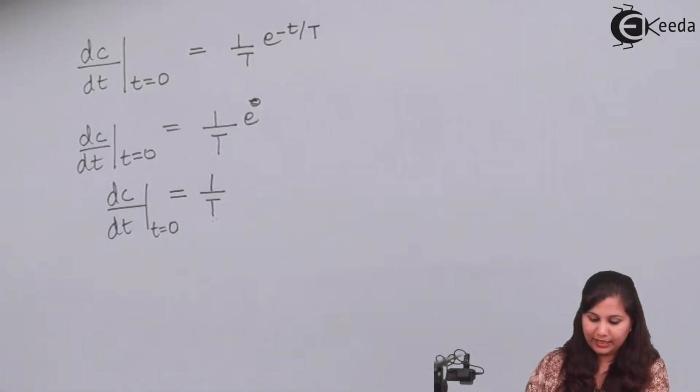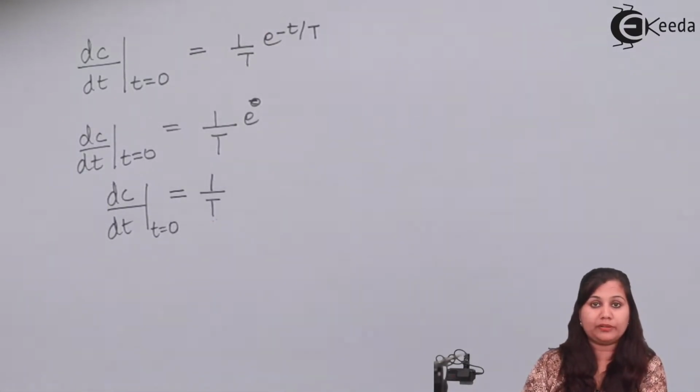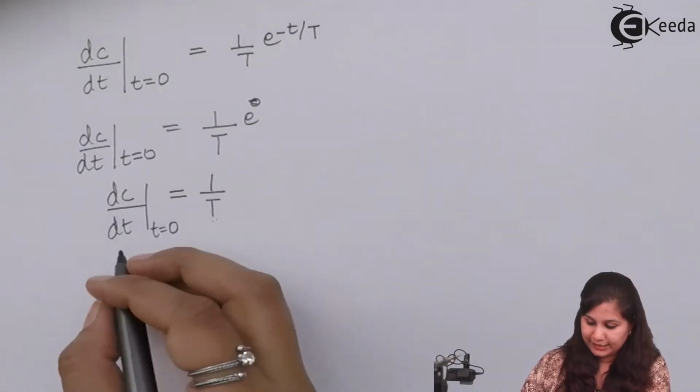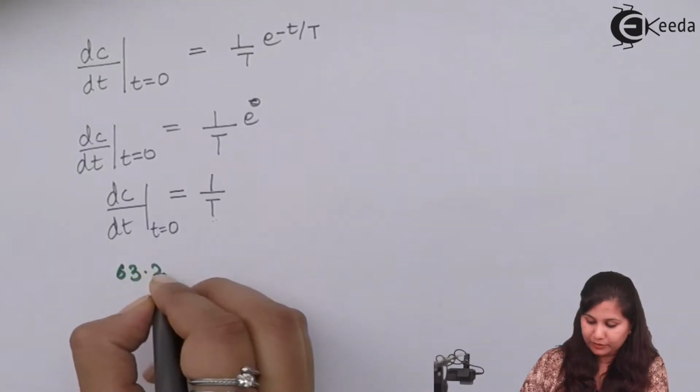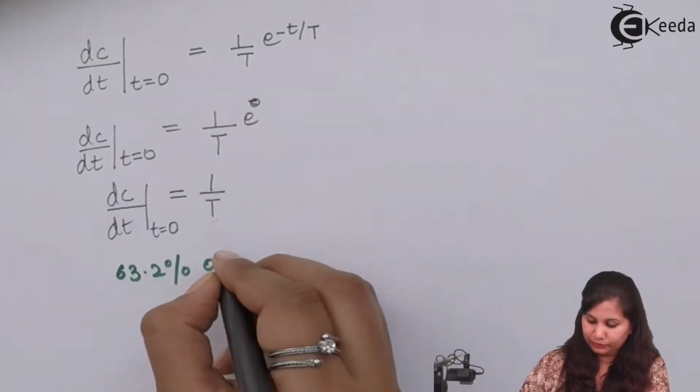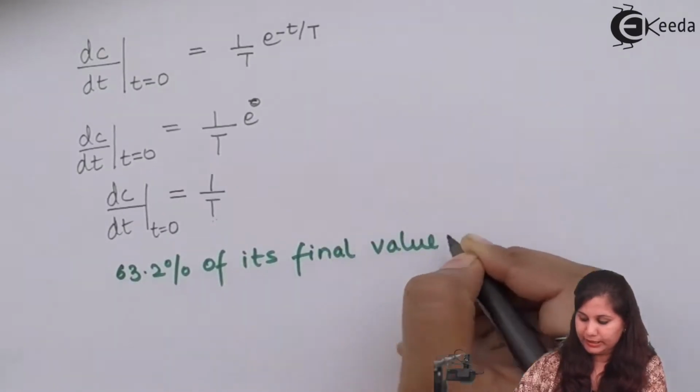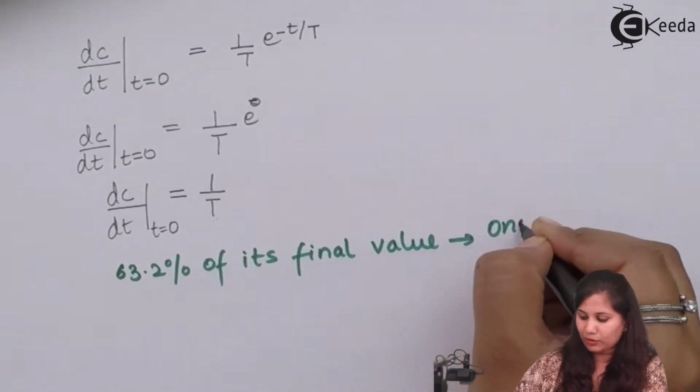So we can say that when the output response of the system has reached 63.2% of its final value, it is equal to 1 time constant.